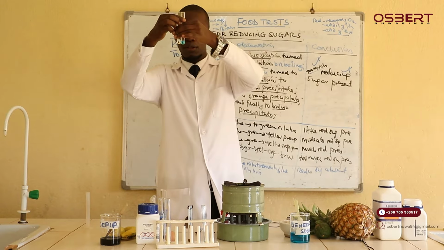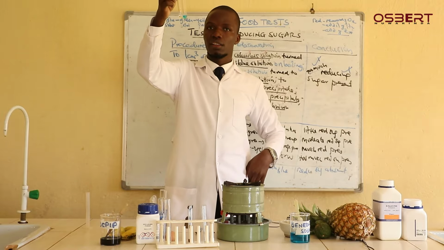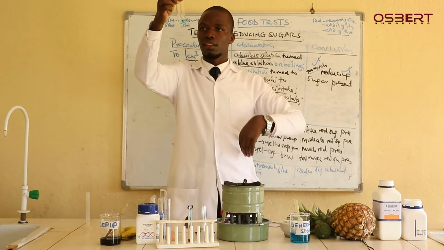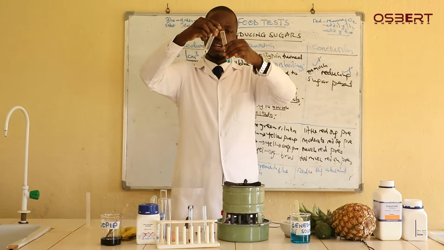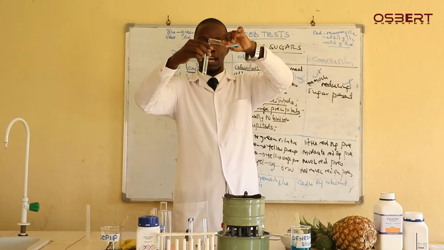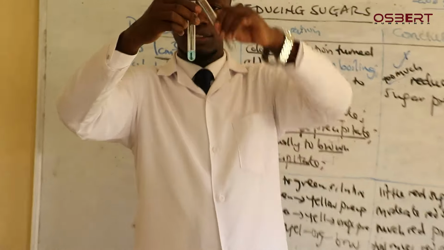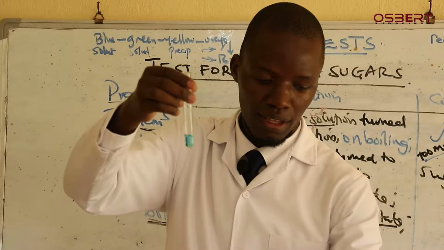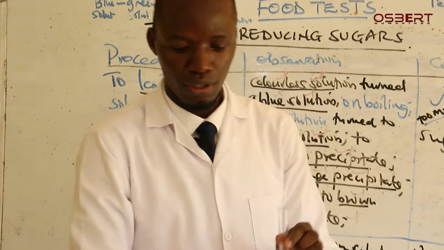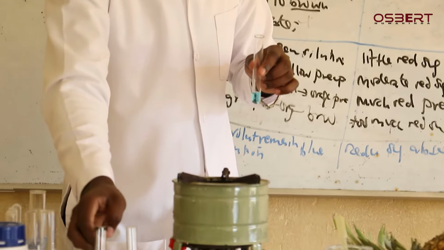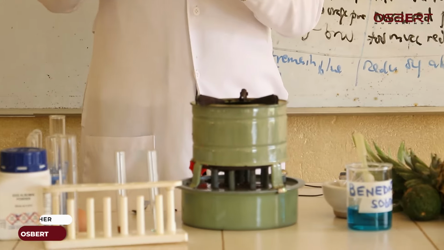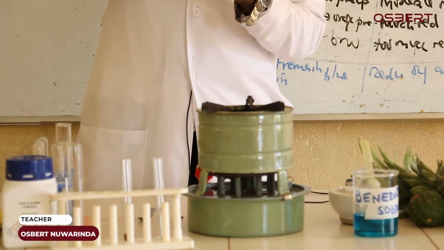Remember you're supposed to ensure that the two are equal. So if I get this Benedict solution and add it here, and of course I've also got a blue solution, then now I want to boil. Maybe this tap water might have some sugars, who knows? Let me boil and I see.